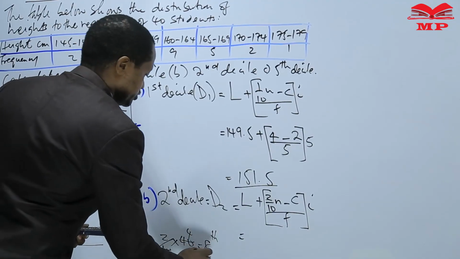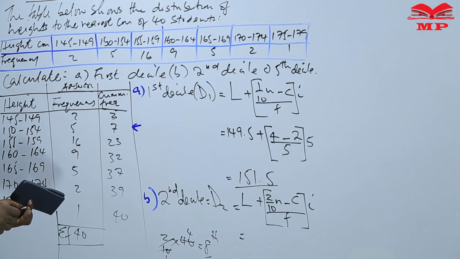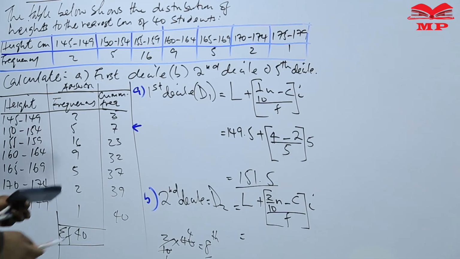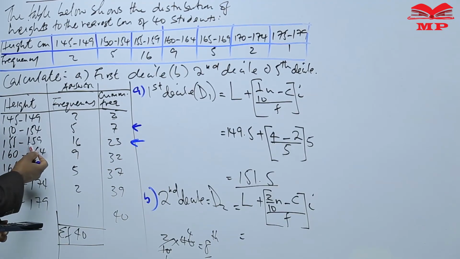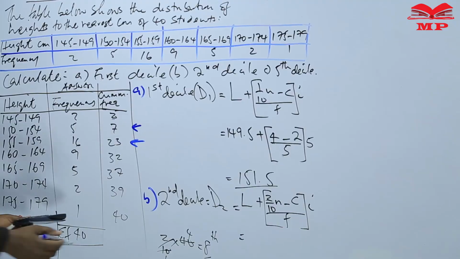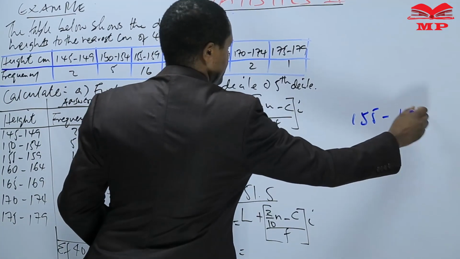Where does the 8th student lie? The 8th student falls in this class, 155 to 159.